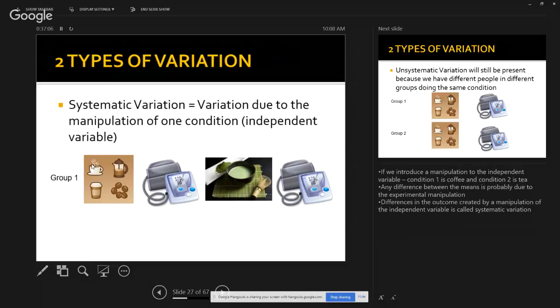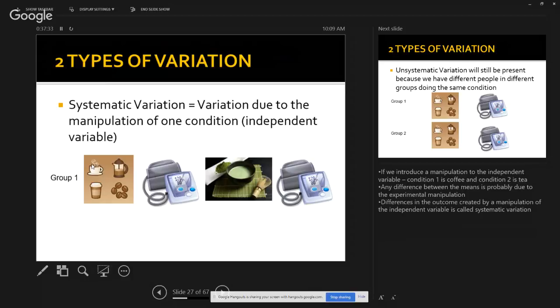Now here, I'm showing you systematic variation. So systematic variation is variation due to the manipulation of one condition. So in this case, we're manipulating something. Now we have coffee and tea. If we introduce a manipulation to our independent variable, sorry, the independent variable is condition.